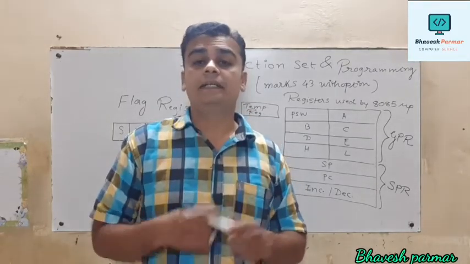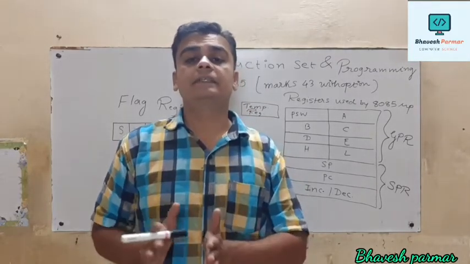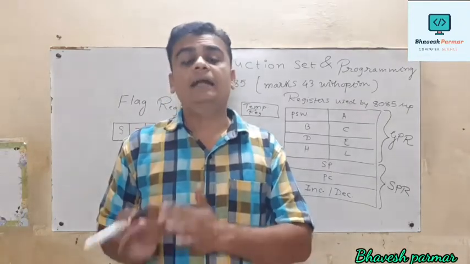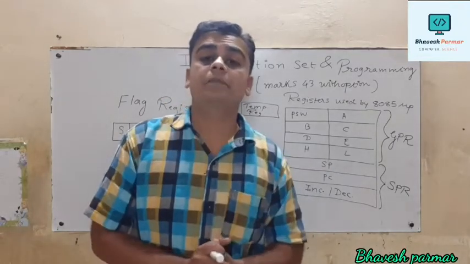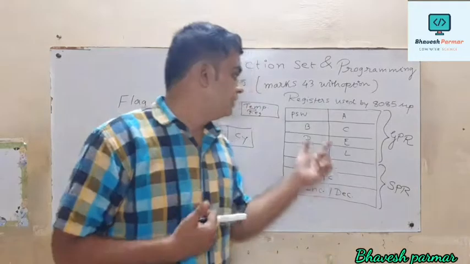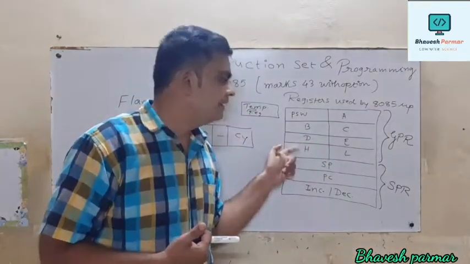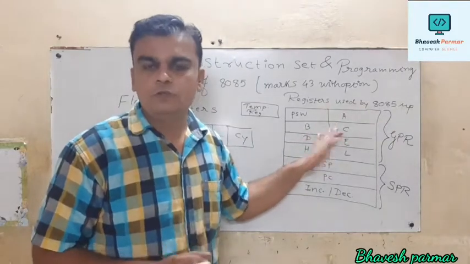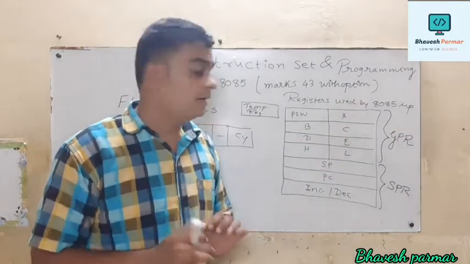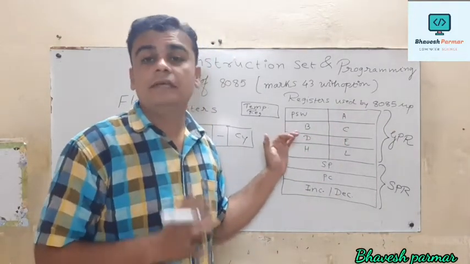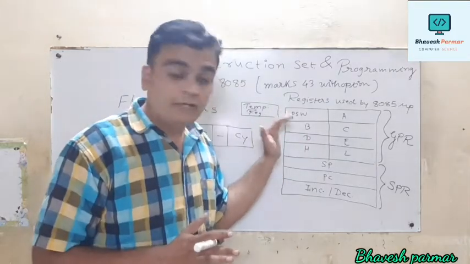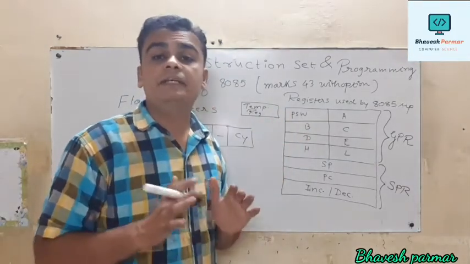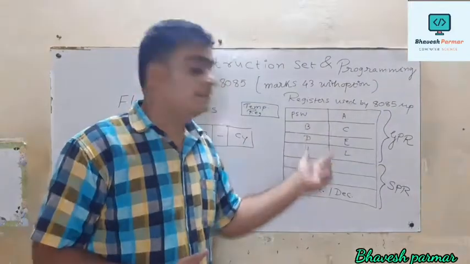We know that generally data is represented in 8-bit form and address is represented in 16-bit form. So these are the various registers called general purpose registers. They are widely used to store 8-bit data, and there is a provision given by the microprocessor so we can also store a 16-bit address in these registers.